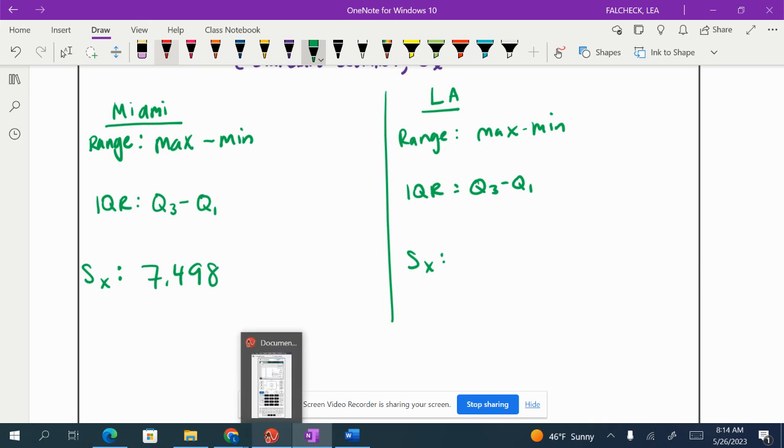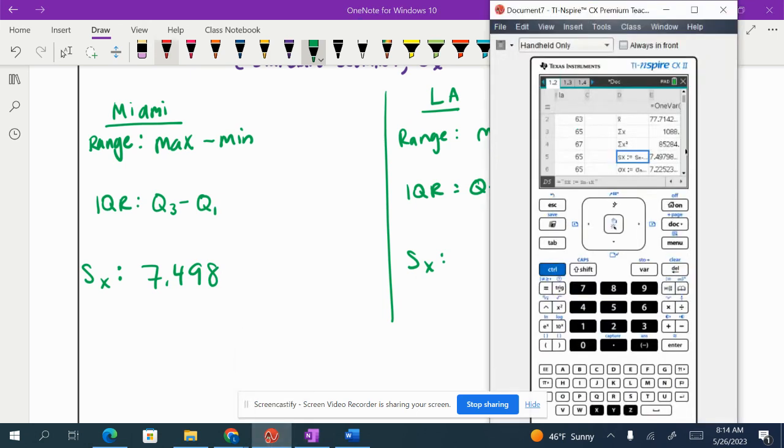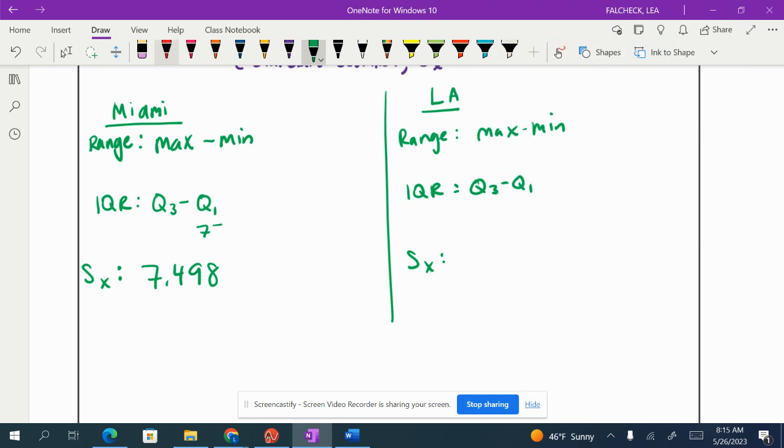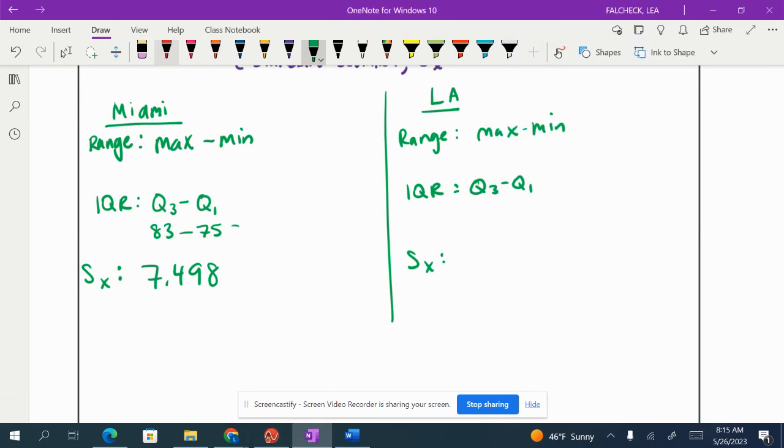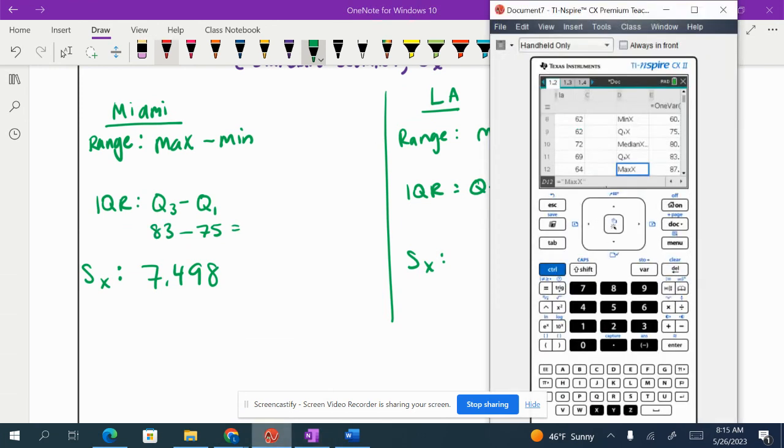Let's calculate our IQR. Q1 is right here, so that's going to be 75. And then our Q3 is down below. That's going to be 83. So we have 83 minus 75, and that's going to be 8.